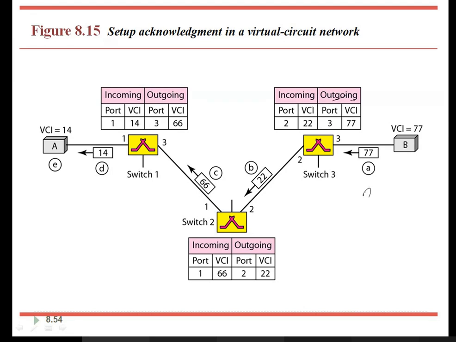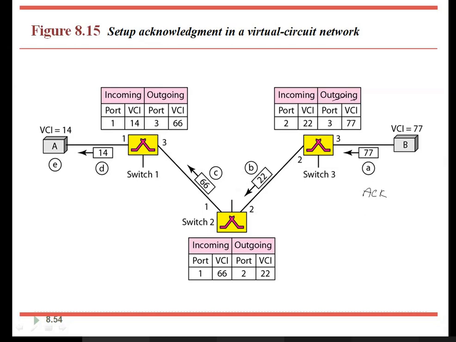Okay, with an acknowledgement. In the acknowledgement message, it is adding the VCI, the virtual circuit identifier, 77. Now when the information is received at this switch, it is going to update the VCI. The incoming frame that comes from A in this case should be updated to 77.